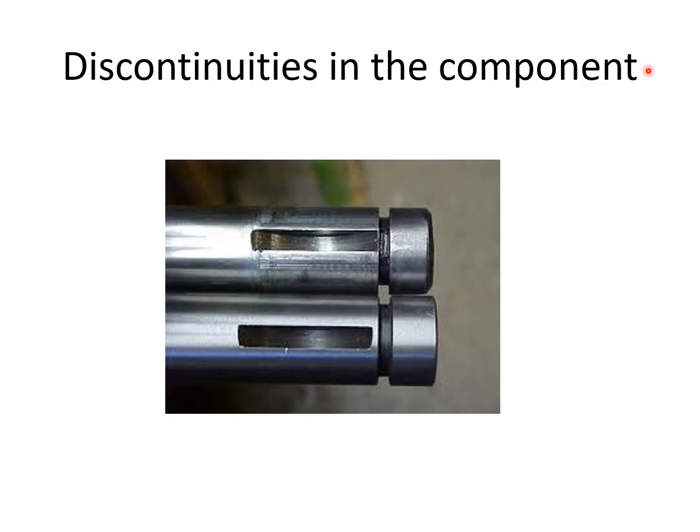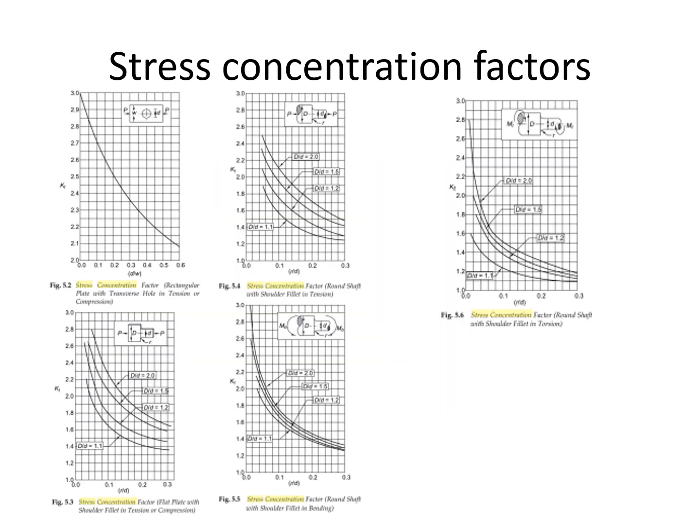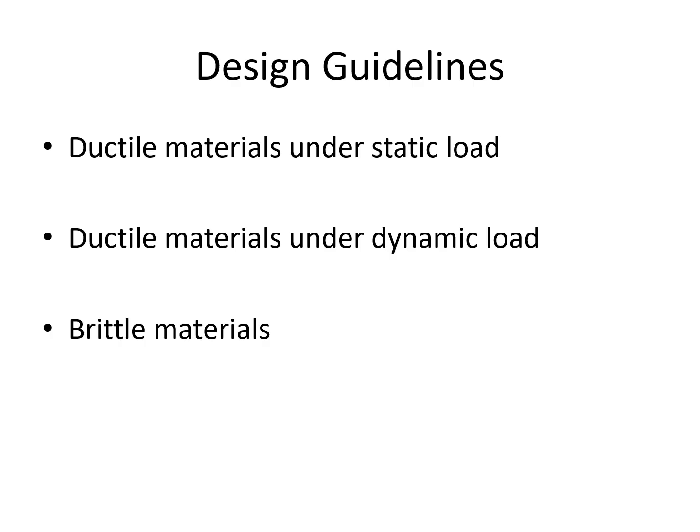Then there will be discontinuities in our component, like keyholes as shown in the figure and some slots. All those things cause a localized increase in stress and stress concentration. How to find the stress concentration factor? Through some graphs. We will deal with it in detail in the next module.